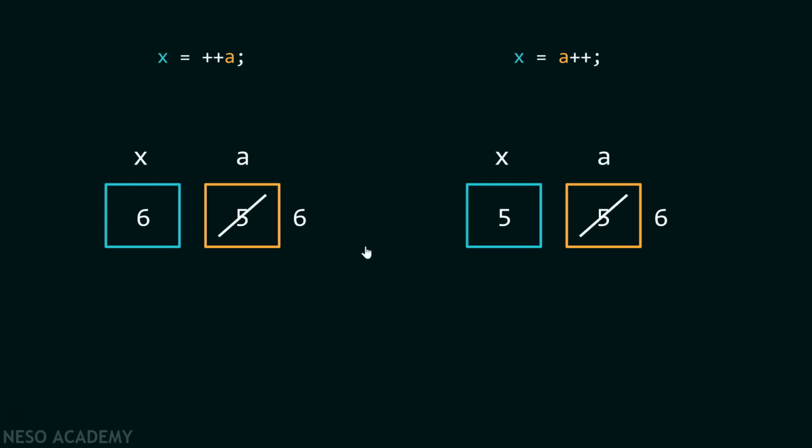The only difference is that this variable contains the value 6, which is the incremented value, and this variable contains the value 5, which is the value before the increment, right? Therefore, in this case x is equal to 6, and in this case x is equal to 5. And that is the difference between a pre-increment and a post-increment operator.